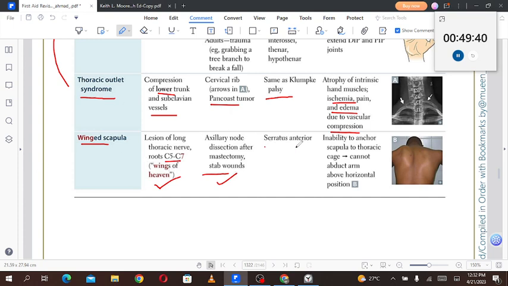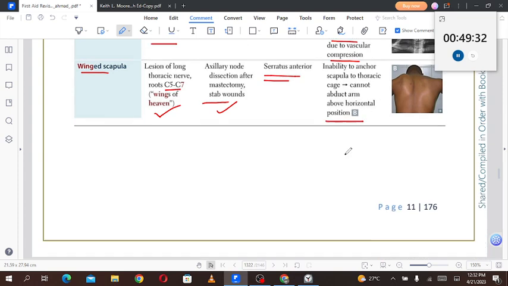The nerve supplies the serratus anterior, and with its loss there is inability to anchor the scapula to the thoracic cage, so the patient cannot abduct the arm above the horizontal position. We previously have seen that if this is the person and he is abducting the arm, the first 15 degrees are given by the supraspinatus muscle, then up to 90 degrees the abduction is mediated by the deltoid, and to go all the way up to 180 degrees it is mediated by the trapezius and the serratus anterior.